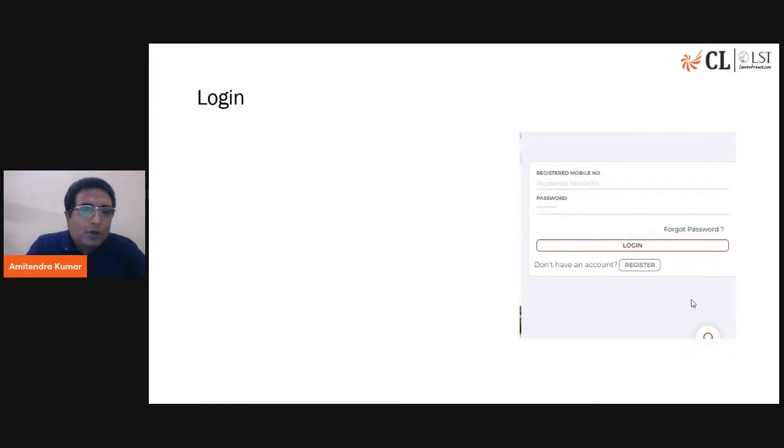The application form is not quite complicated. It is quite simple actually. But when you register yourself, you have to log in twice because there will be a forced password change provision over here. Now, again, you log in using your registered mobile number and the password which you have created. You have to use that password, and now you have to remember that as well.